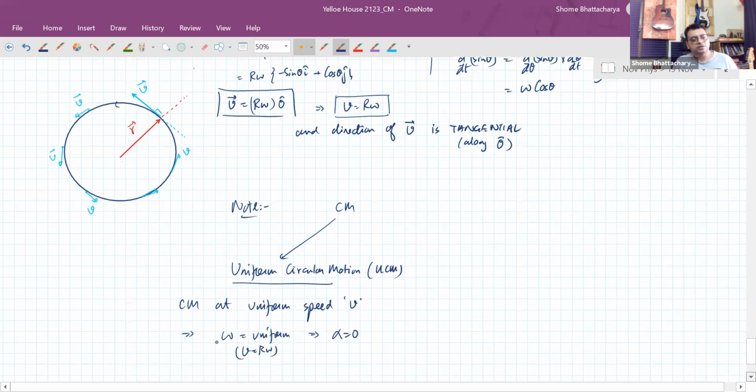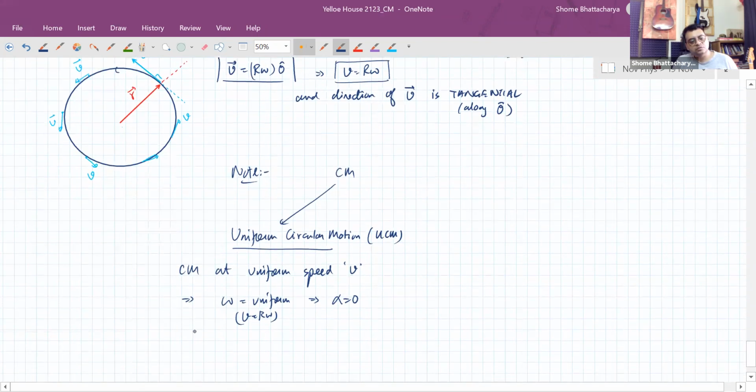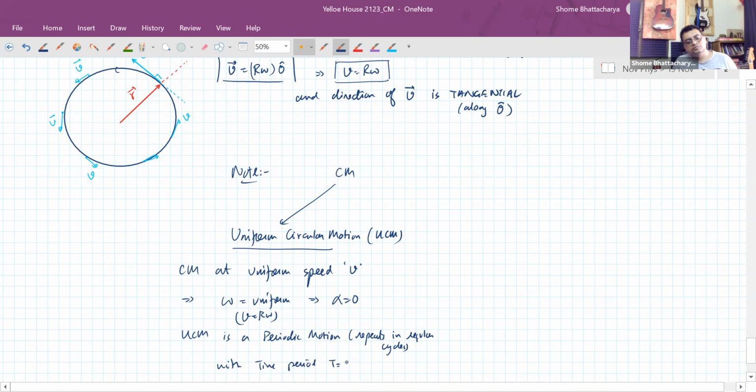And therefore it becomes a periodic motion, because it repeats itself periodically, in regular cycles with a time period, because v and omega are uniform.